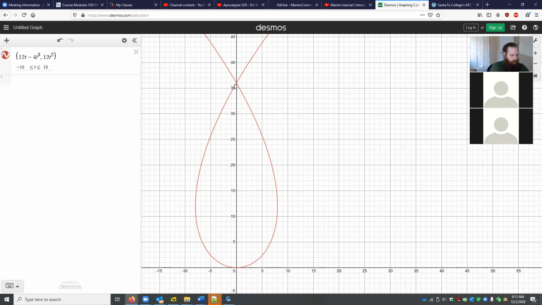So I'll write this down: we want to find the length of the loop, where x of t equals 12t minus 4t cubed, and y of t is 12t squared.